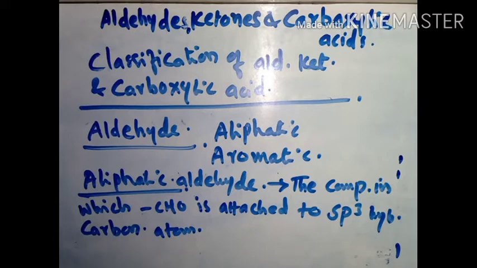CHO group attached to sp3 means the carbon atom which is bonded by a single bond with the other hydrogen atom, that is the sp3 hybridized carbon atom.